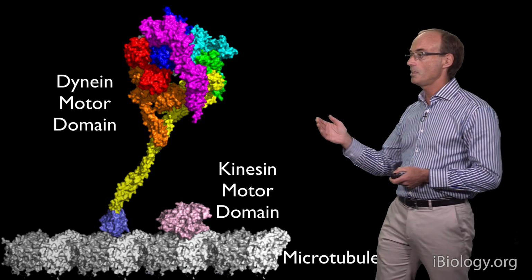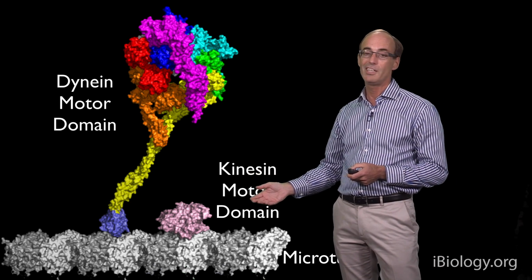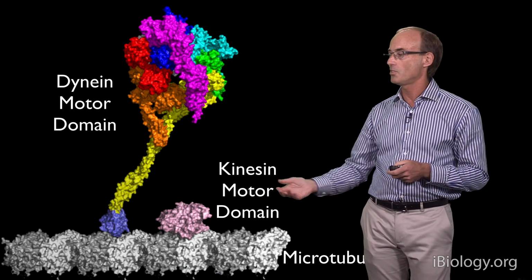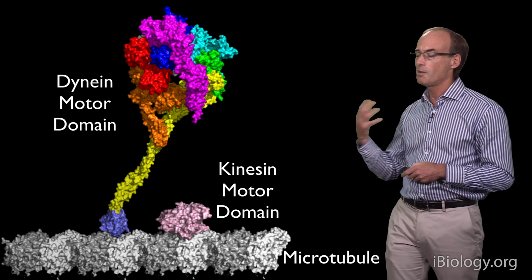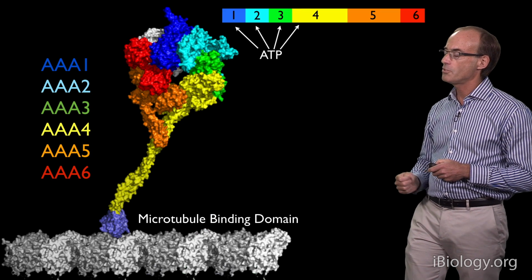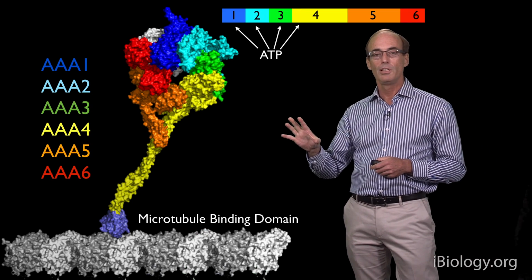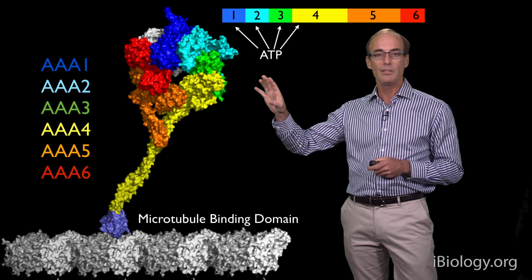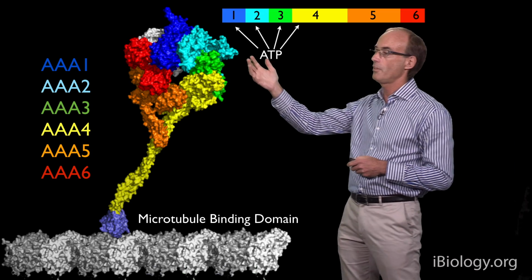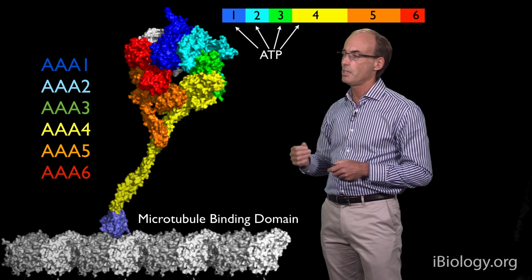First of all, here's just an image of dynein compared to kinesin. And you can see just how much bigger dynein is compared to kinesin and how much more complicated a motor domain it is. And here is the position of the different AAA domains that I showed you before in this linear diagram, but here's how they map out on the dynein motor protein.